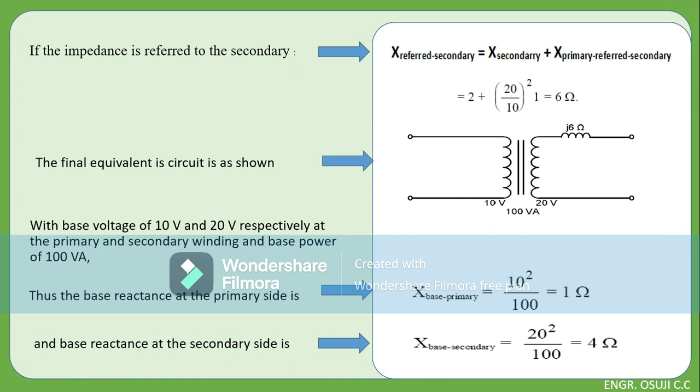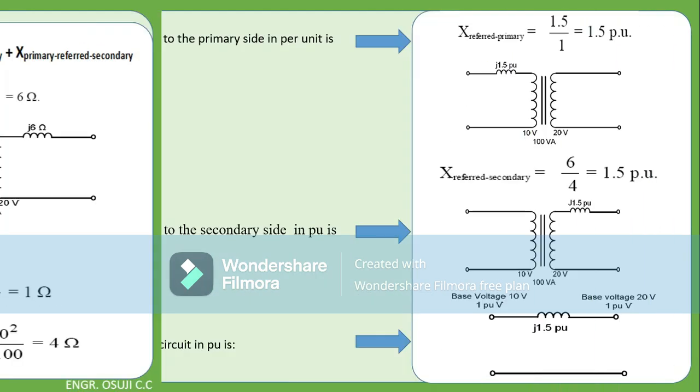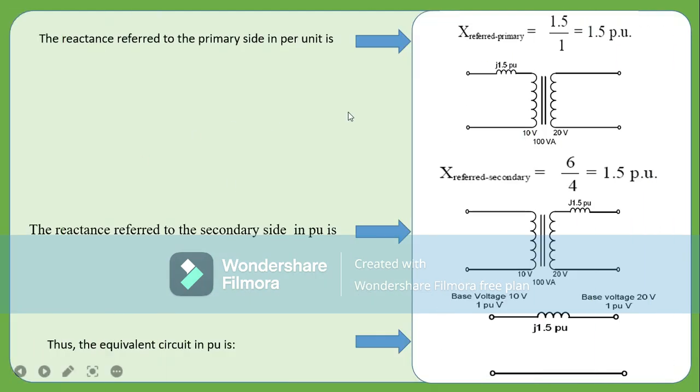So now we have found the base impedances, and we have also found the actual impedances. So we are set to get the per unit values on both the primary side and the secondary side, having determined the actual impedances referred to the secondary and to the primary side. So now let's go.